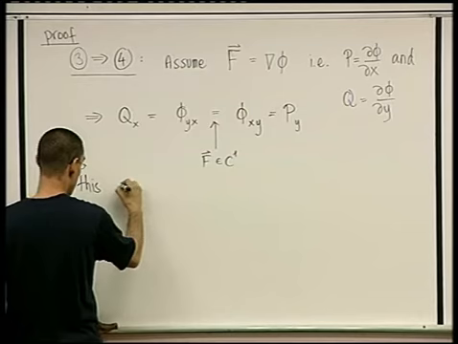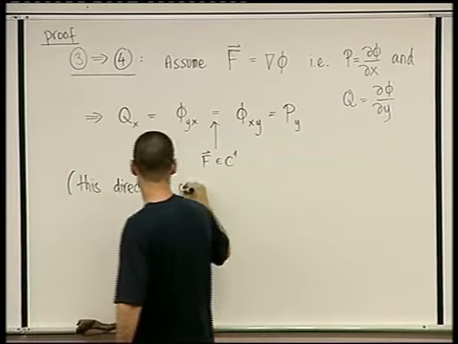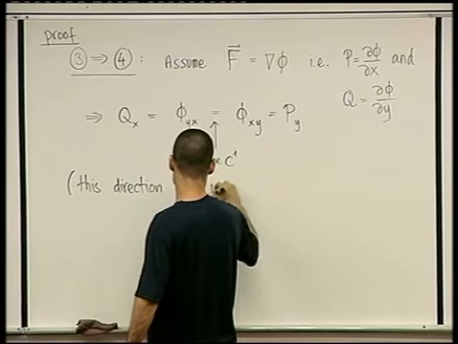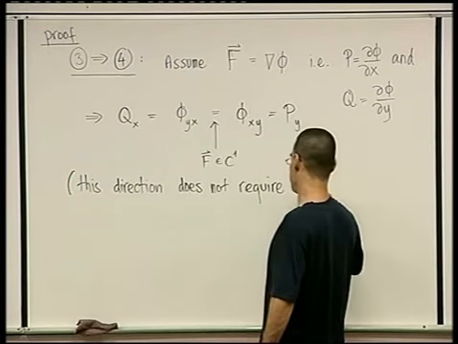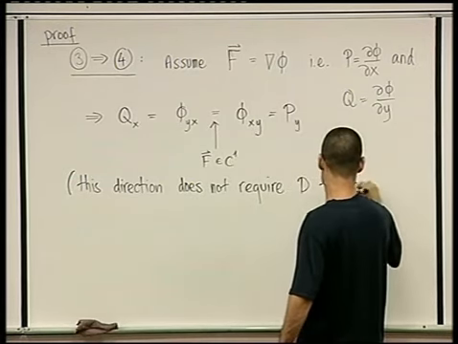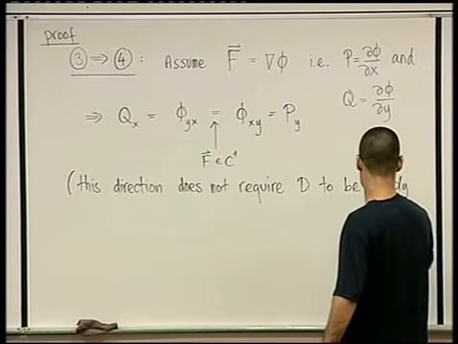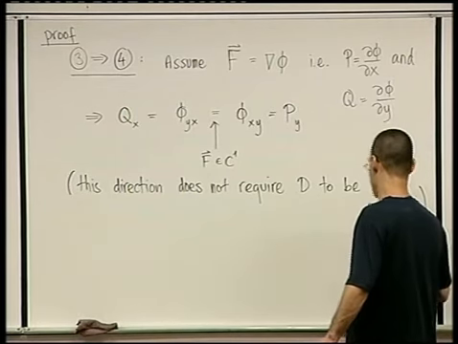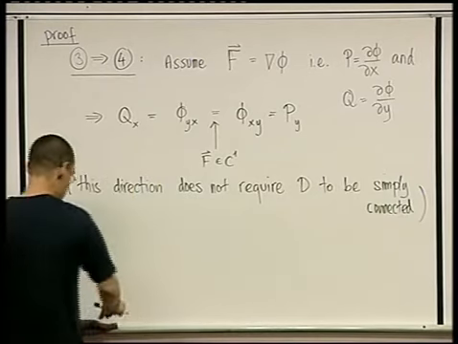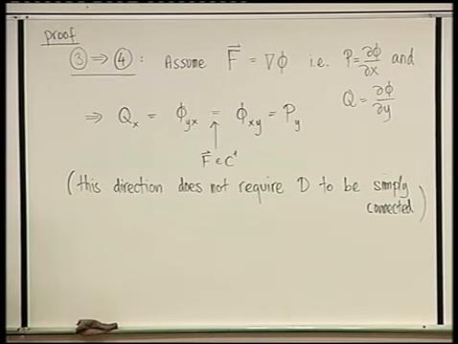This direction, the implication of 4 from 3, does not require D to be simply connected. Okay, so you can guess that the other direction does, otherwise we wouldn't have put it in the theorem. So let's prove the other direction.